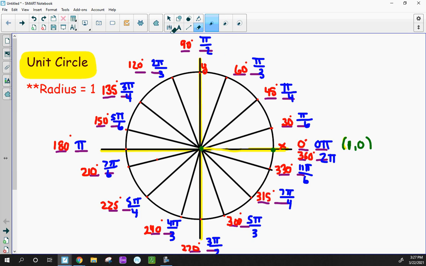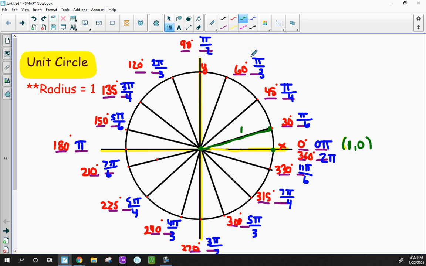Okay, next, at 30 degrees. Well, at 30 degrees, here's the radii, and I'll draw that in green so we can see it, and the length of that radius is 1. This angle is 30 degrees.